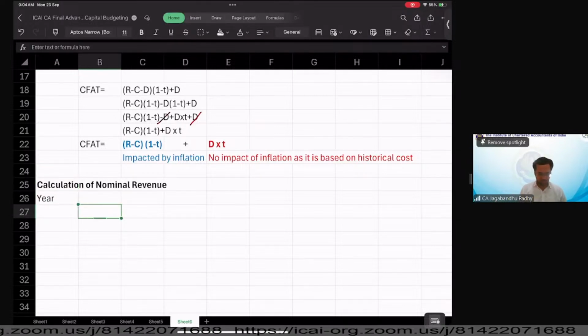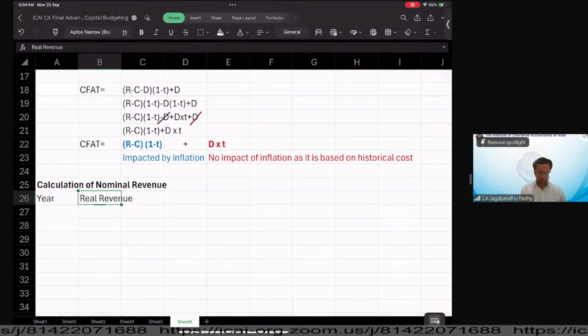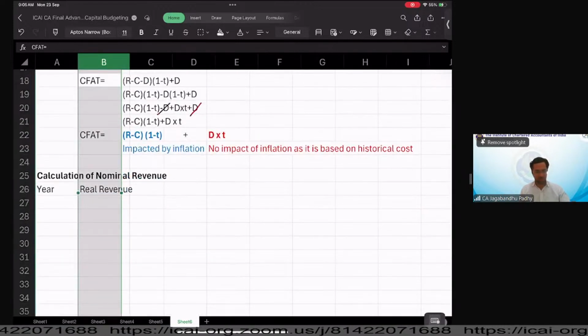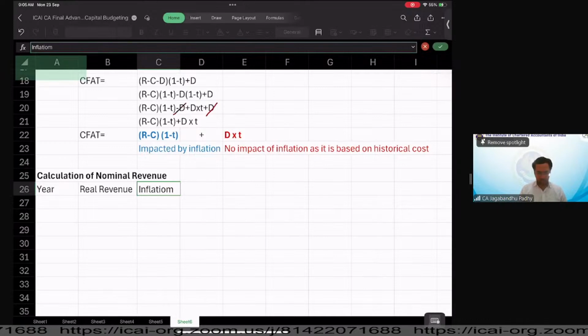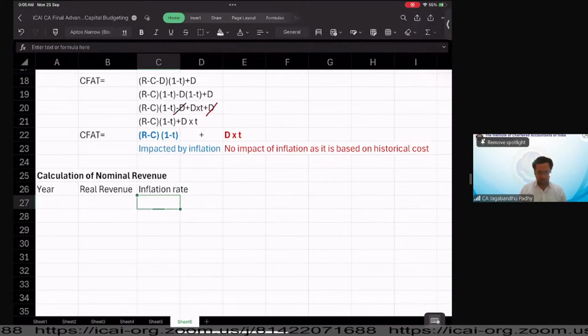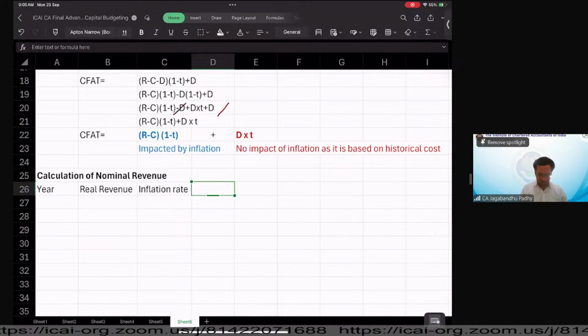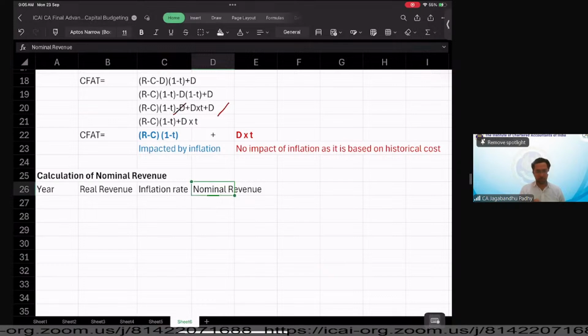We have the year, then real revenue, then inflation rate, and then finally the nominal revenue.